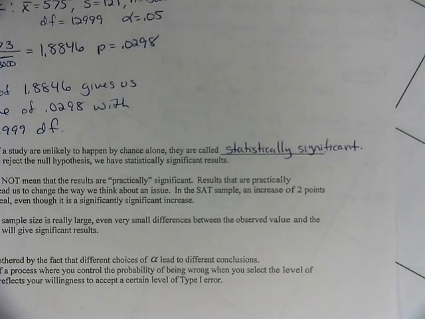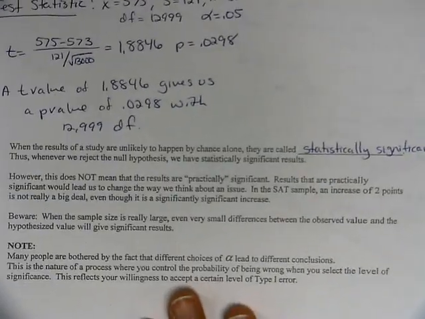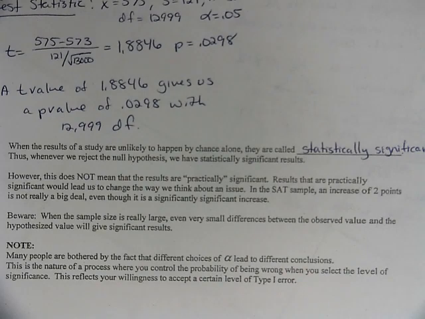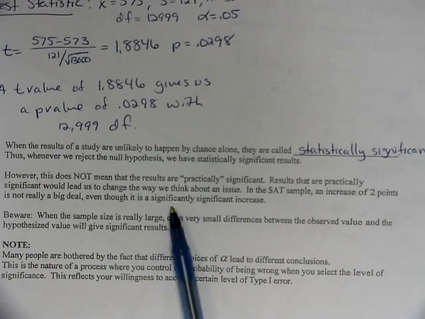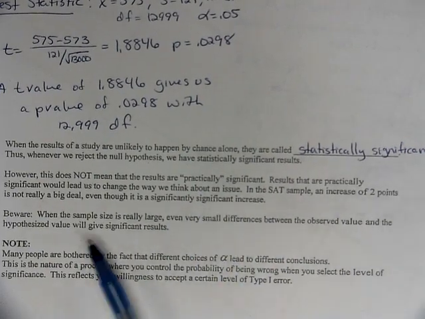So, whenever we reject the null hypothesis, we have statistically significant results. Now, that does not mean that they're practically significant, right? If we really thought SAT math scores have increased, we could change the way we're doing something, but maybe not, right? It's not really a big deal, even though it's significant. I can't, this is a typo.